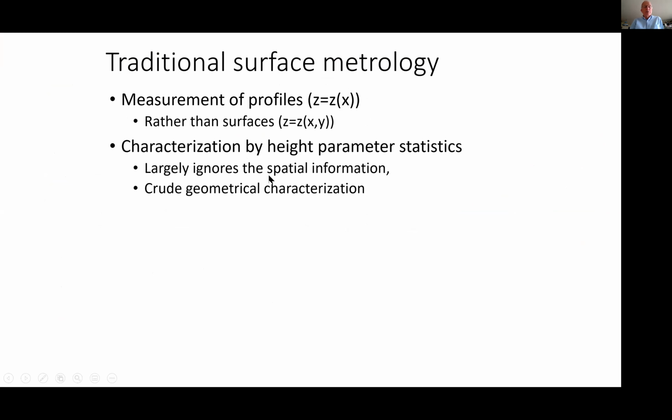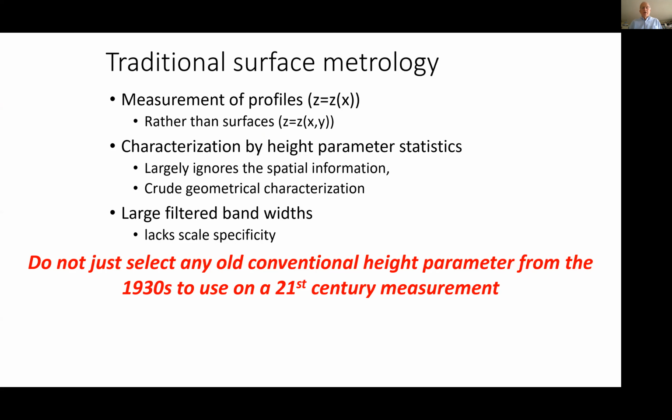And so we lack any specificity in scale, because when we're talking about frequencies or wavelengths in the surface, one is the reciprocal of the other. We're talking about a very narrow window that specifies perhaps scale. In this case, we've got large bandwidths that we're looking at, and so we're not very specific with respect to scale.